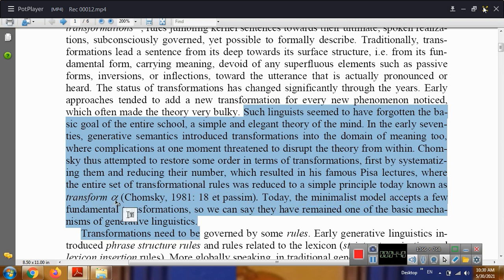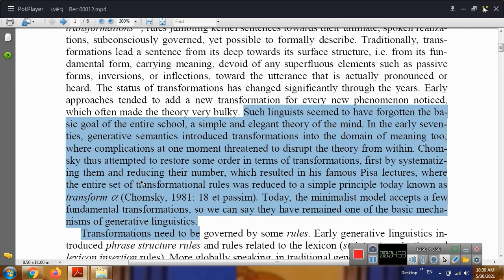Dear student, as I told you, the concept of transformation changed through time, and Chomsky tried to systemize the transformation rules and reduce their number.